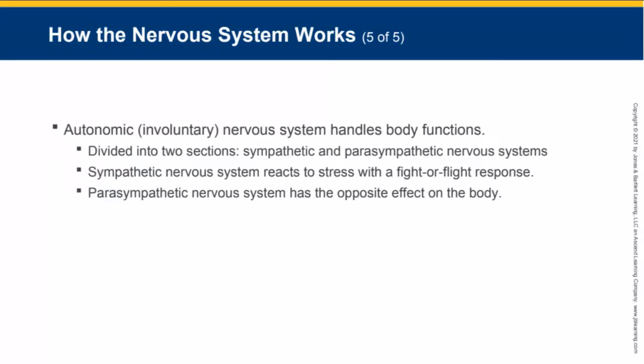The peripheral nervous system then breaks down into the autonomic and somatic nervous system. The autonomic further divides into what we would refer to as the sympathetic and parasympathetic. And this is how I remember it.